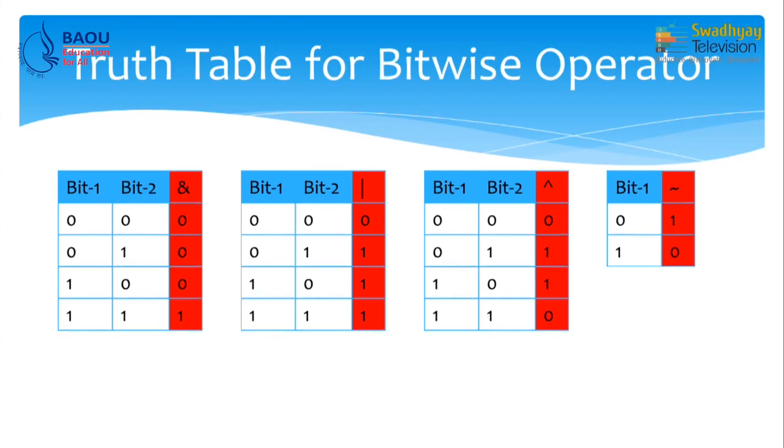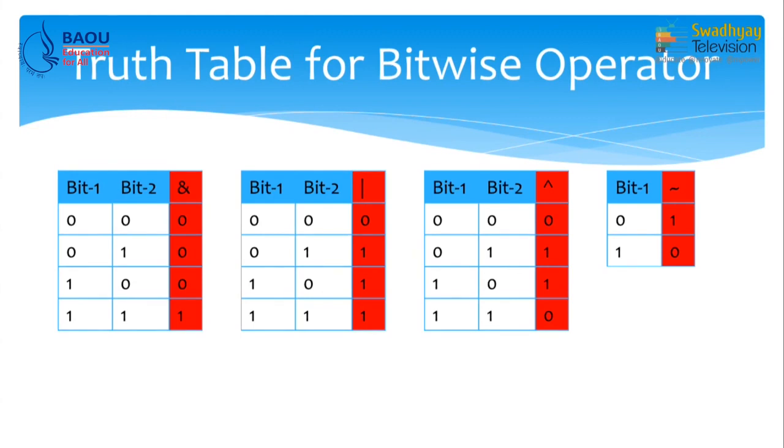But if only one of the operands or bit values is 1, then we get 1. The last is called bitwise complement. If the bit is 0, it is set to 1, and if the bit is 1, it is set to 0.